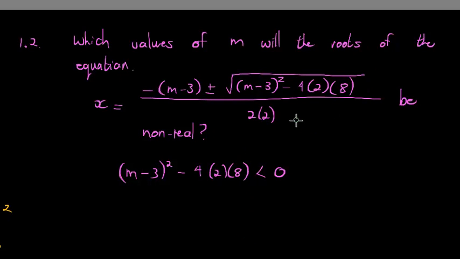And this very complex question, at least a level 3 type question, immediately simplifies to a quadratic inequality. I think there might be an easier way to do this. What is 4 times 2? That's 8. Okay, so let me show you a quick way. (m minus 3) squared minus 64 is smaller than 0.